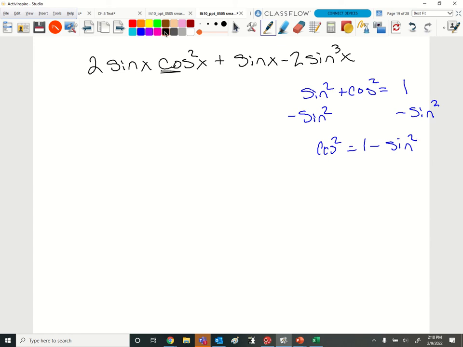So it's going to say 2 sine x parentheses, because I'm replacing cosine squared with 1 minus sine squared x. And that's going to give me plus sine x minus 2 sine cubed x, right?